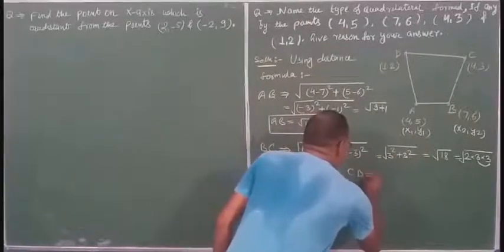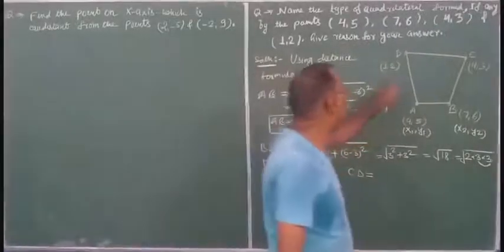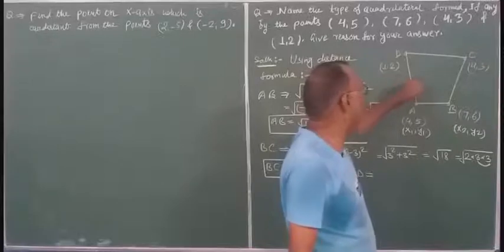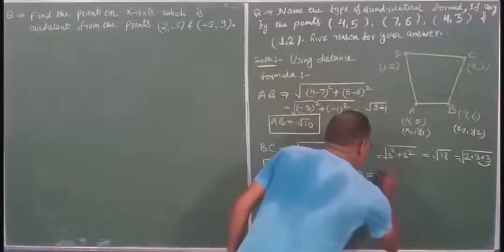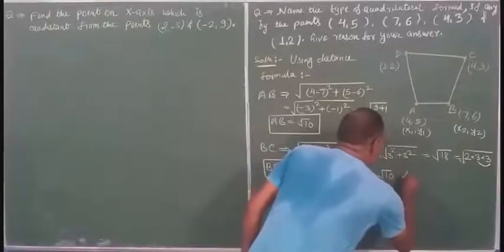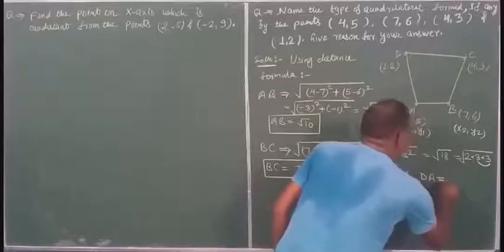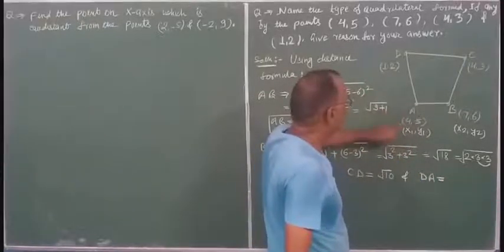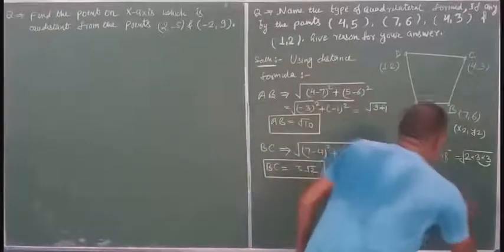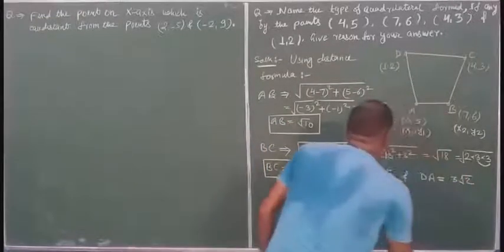And similarly we will find CD. So this will be 4 minus 1, 3 square, and 3 minus 2, 1 square. Again it will be under root 10. And the last side we will find is DA, which will be 1 minus 4, 3, again 3 under root 2.